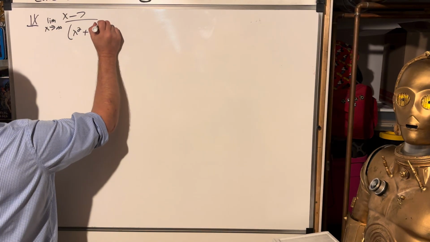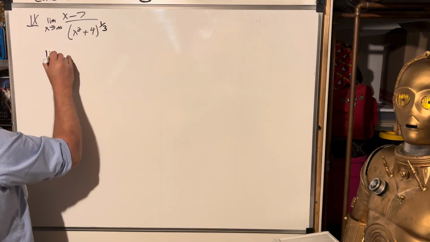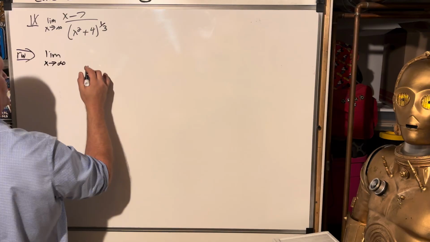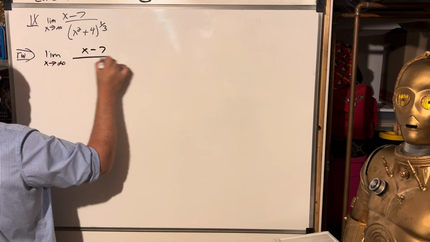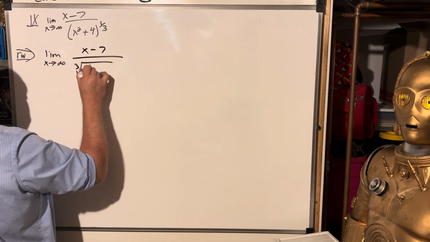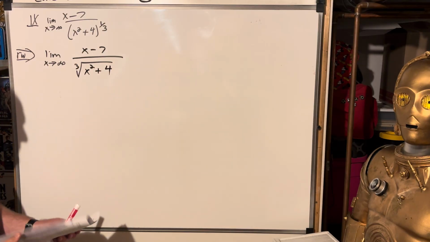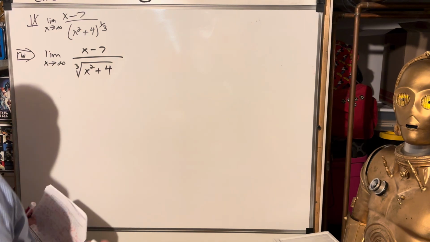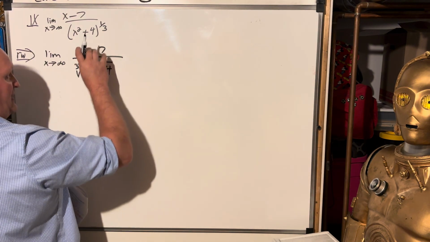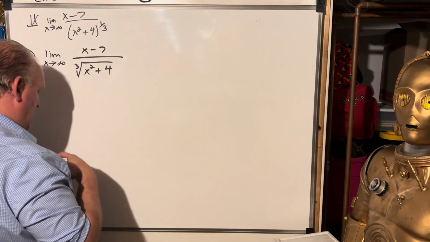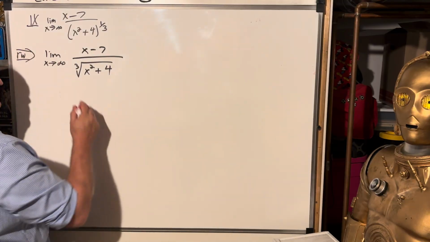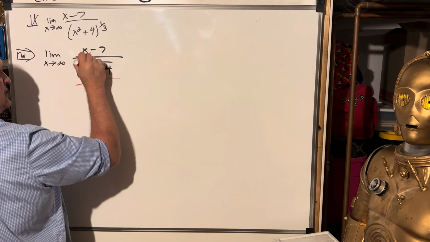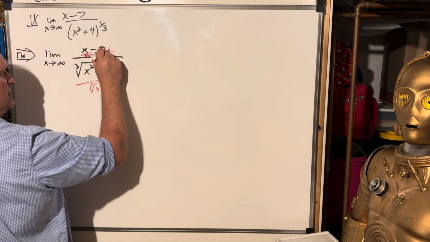Oof. So we'll do a quick rewrite: the cube root of x squared plus 4. What we're going to do is divide the top and the bottom, hitting each term, by the cube root of x squared.